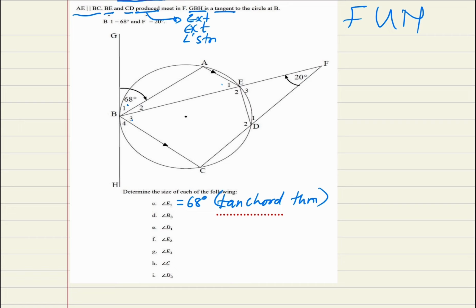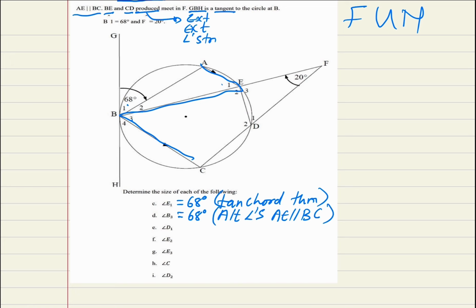Those are alternate angles. Can you see the Z or the N shape? So that means B3 is equal to 68 degrees, alternate angles. Why are they alternate? It's because AE is parallel to BC.